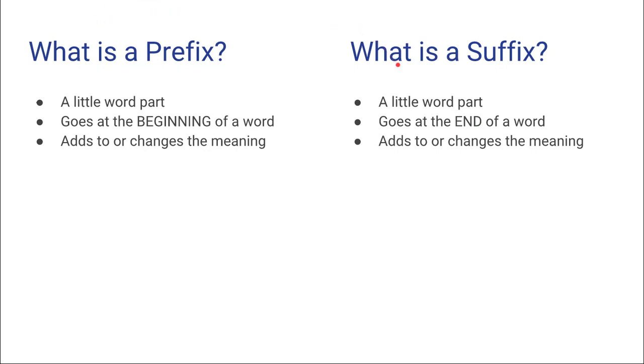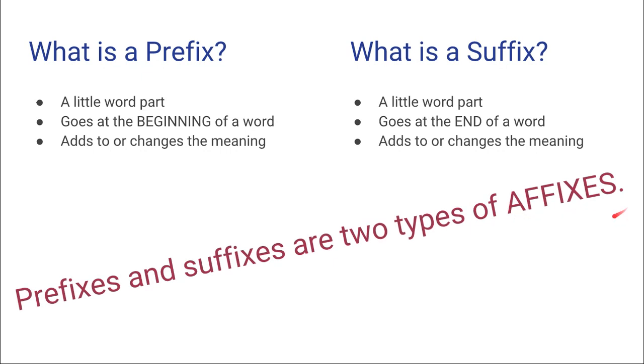Both prefixes and suffixes are types of affixes. Okay, so a prefix is an affix, and a suffix is an affix. There's another type that we don't use in English, so we're not going to learn it. So all you need to know is that prefixes and suffixes are both affixes. Affixes is the generic word for a little word part that you add to a word.